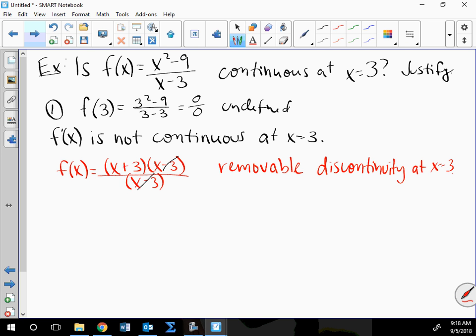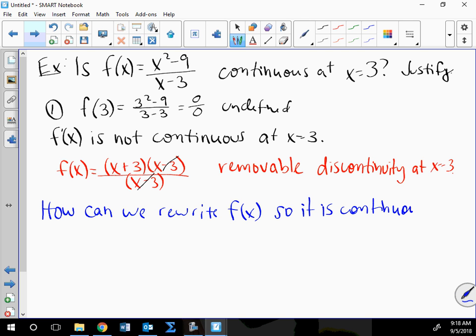So let's see how we can rewrite f of x so it is continuous at that point.